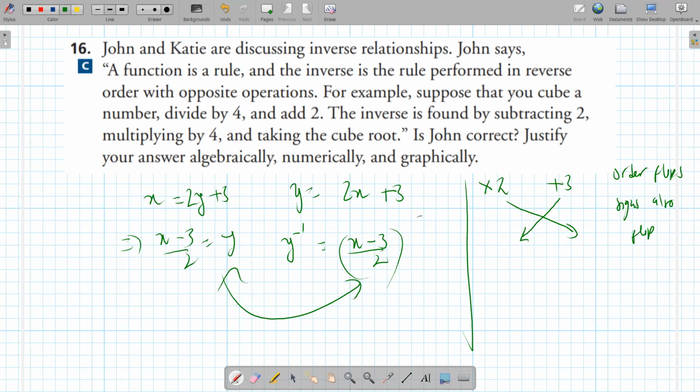So this is the shortcut way of finding the inverse, and that's what this question is talking about. He's correct. But how come the inverse is the same as the y? This is the new y, so this is technically y inverse, because once you flip it, that becomes the new y. Oh, okay.